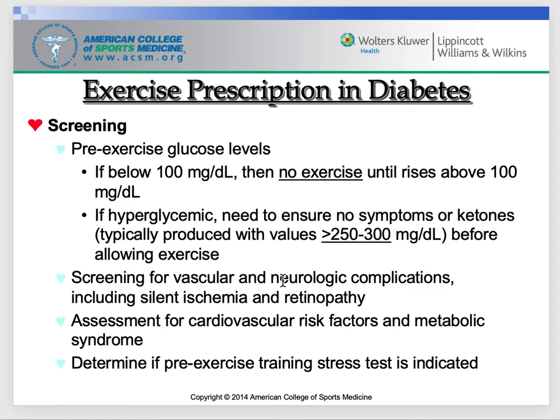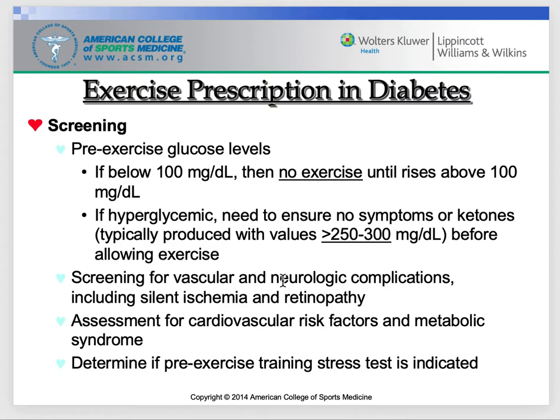So you know what ischemia is. It's lack of blood flow. Most people who get ischemic get angina, chest pain. Many diabetics, however, because they have autonomic neuropathy, end up with silent ischemia, meaning they don't feel their angina because the neuropathy has set in. Does that all make sense?